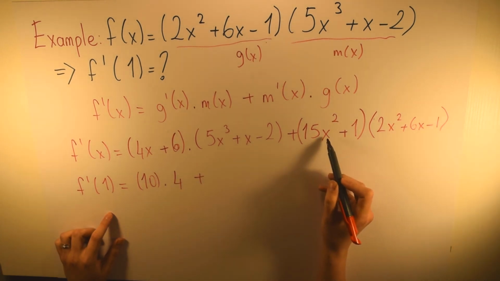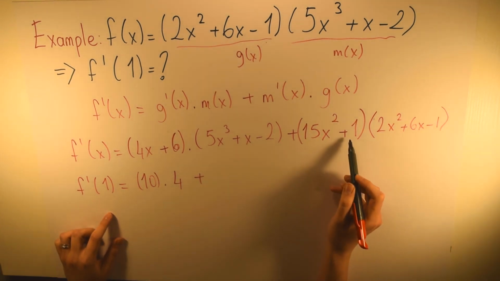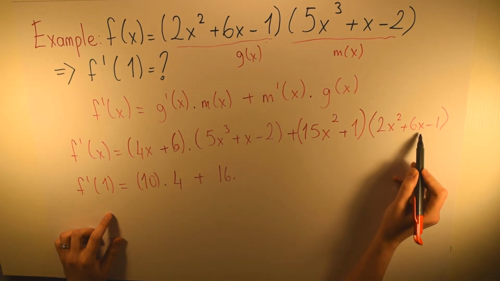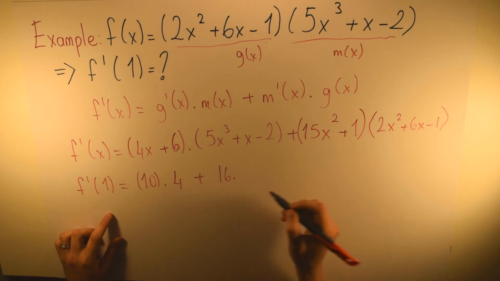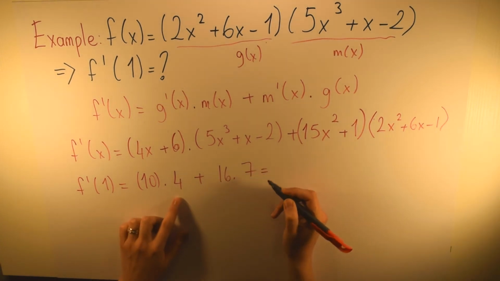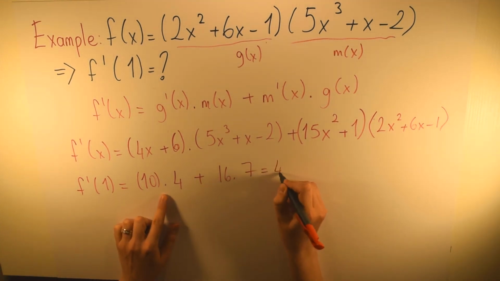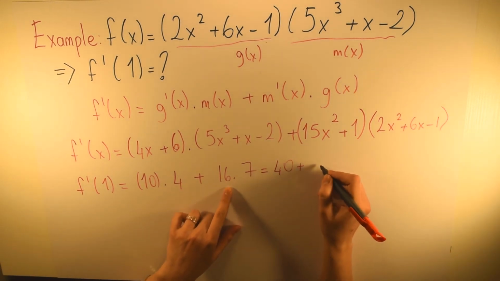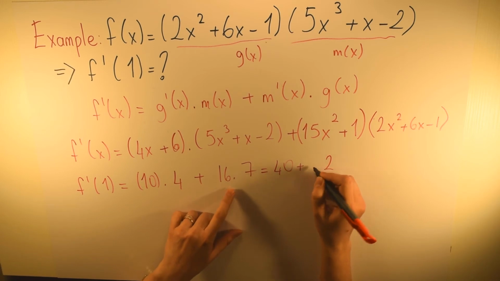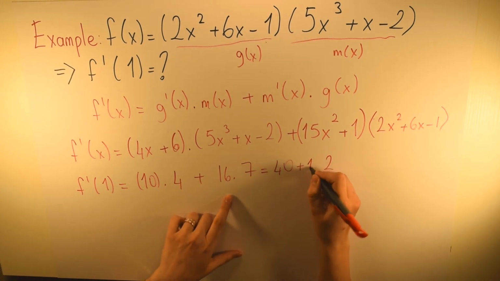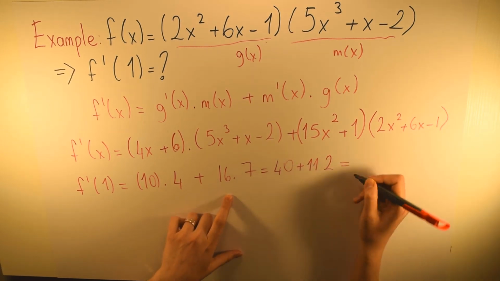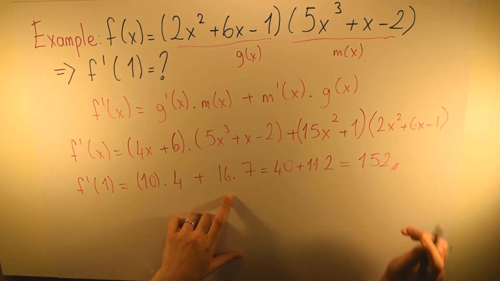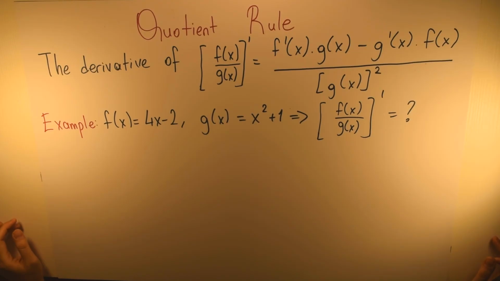Plus, when I put 1 here, it's 15 plus 1, it's 16 times 2 plus 6, it's 8 minus 1, it's 7. So it will be 40 plus 7 times 6, it's 42. 7 times 7, 4 plus 4, it's 11, and that will be equal to 152.